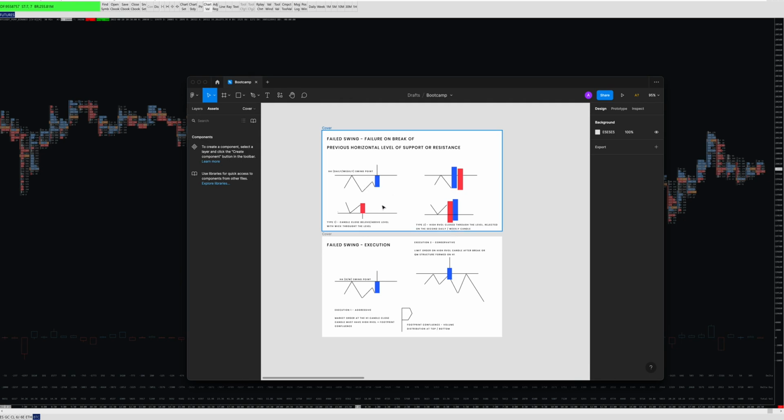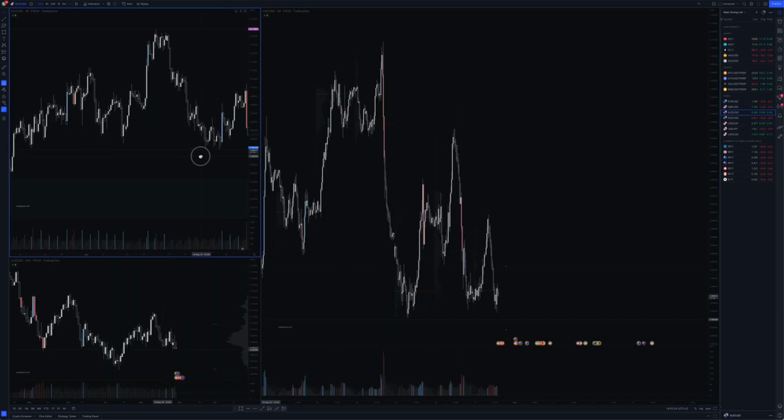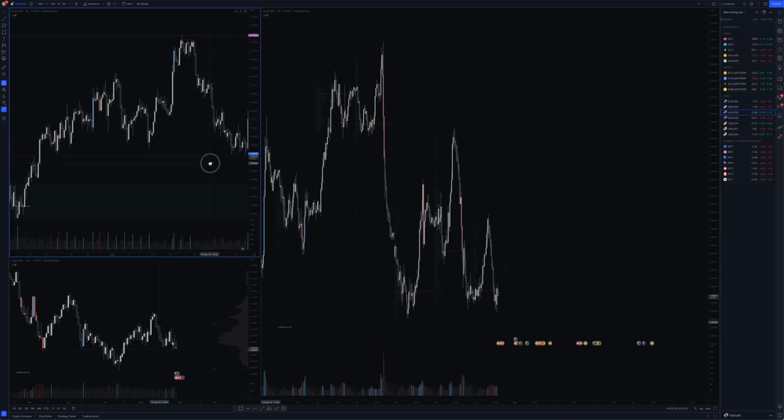Where you can spot these on your trading time frame is very simple: the swing points on daily, H4, whatever you use. If we take a look at something like AUD/USD, we have here a level of support.